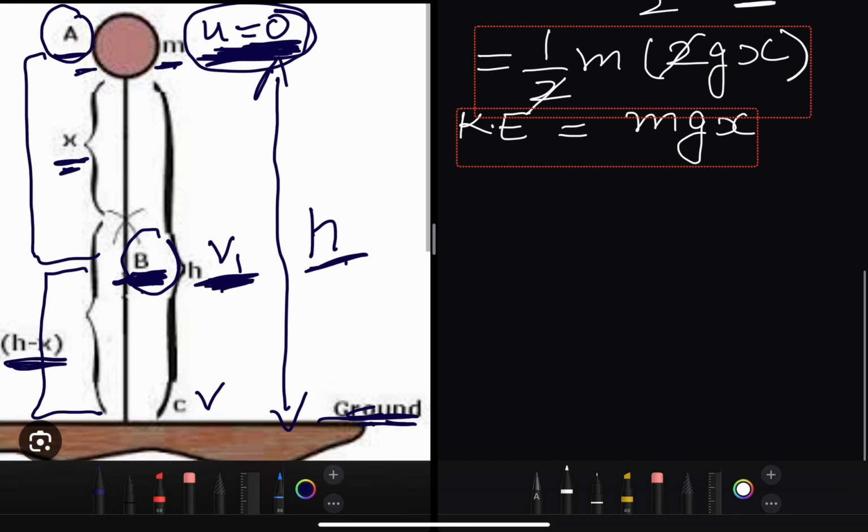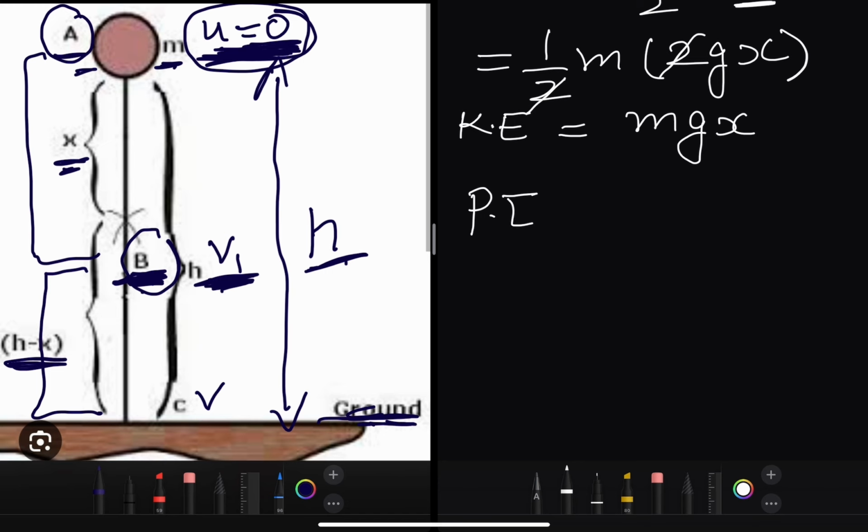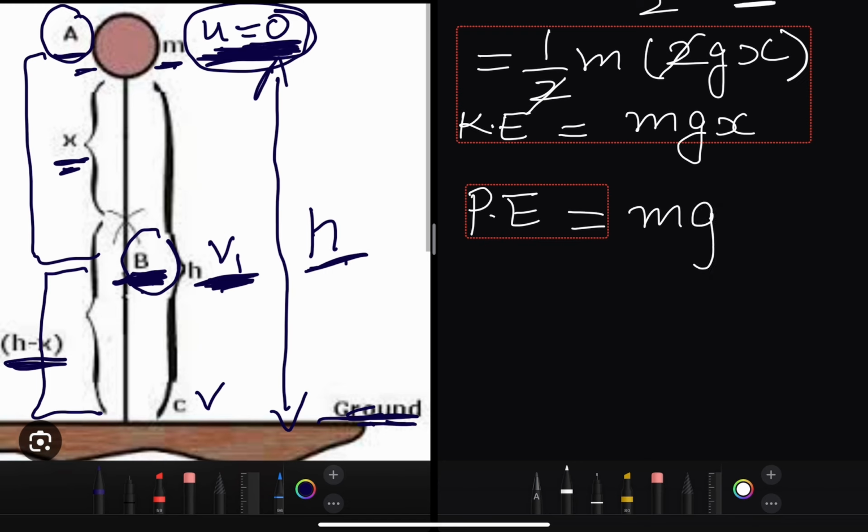Now we need one more thing. Kinetic energy we got, that is okay. But we need one more thing, which is called potential energy. What we need now? Potential energy. So now children, potential energy formula is mgh. M is what? Mass. g is what? Acceleration due to gravity. What is h here?